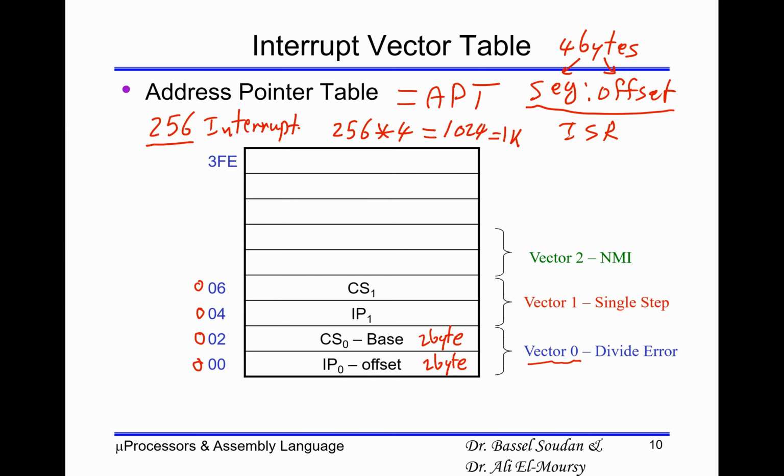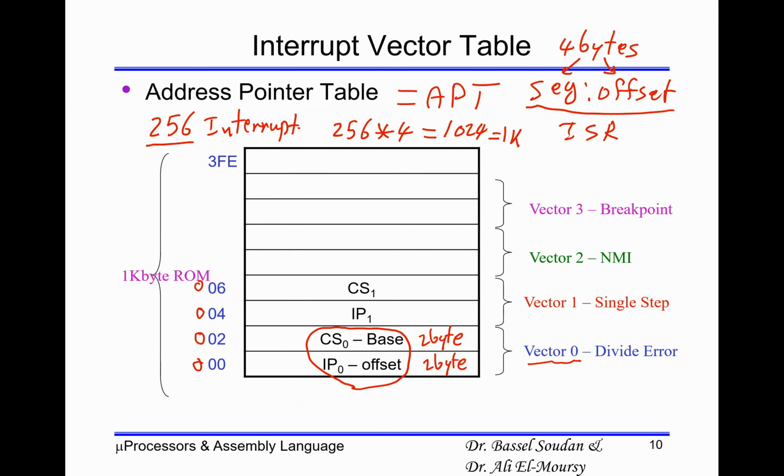This is how the microprocessor maps the interrupt ID to a location in the APT, in order to get the addresses for a specific interrupt. Now the microprocessor has guidance on where to go in that table to grab the segment and offset to make its far jump.